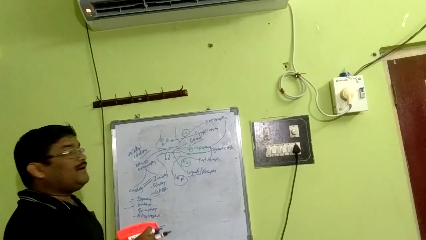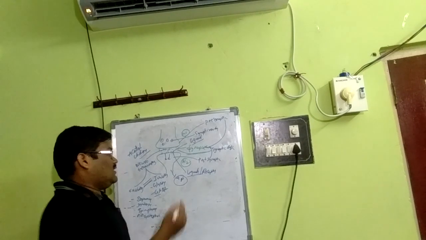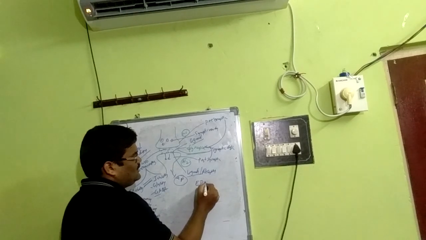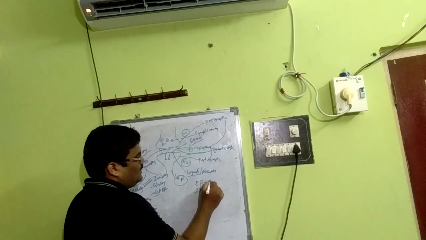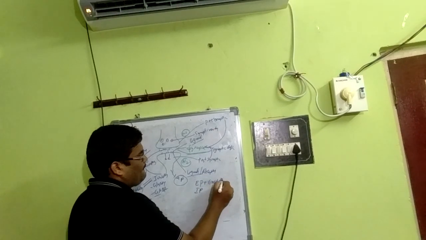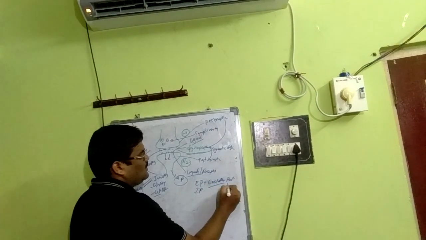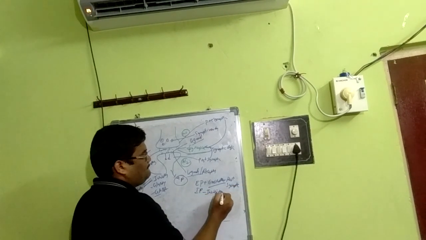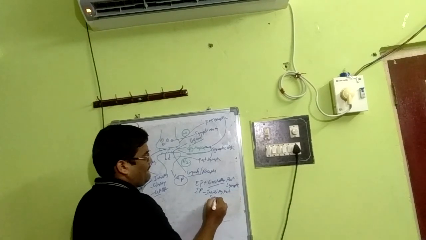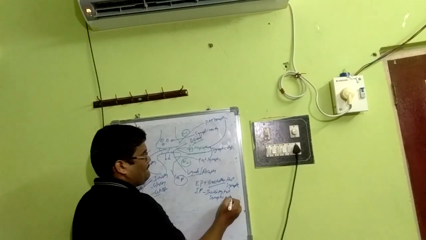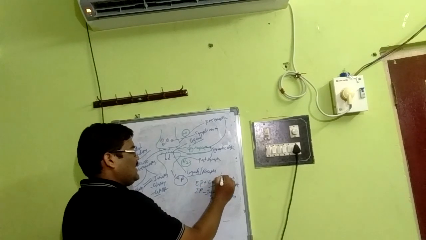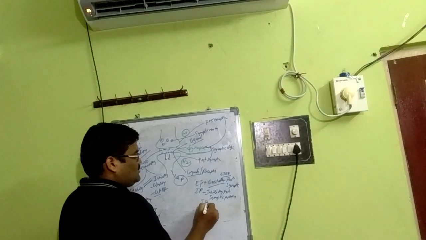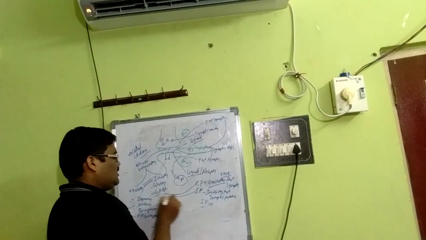Different neurotransmitters. Depending on the kind of neurotransmitter, the potential may be excitatory or inhibitory: excitatory postsynaptic potential or inhibitory postsynaptic potential, depending on the kind of neurons.